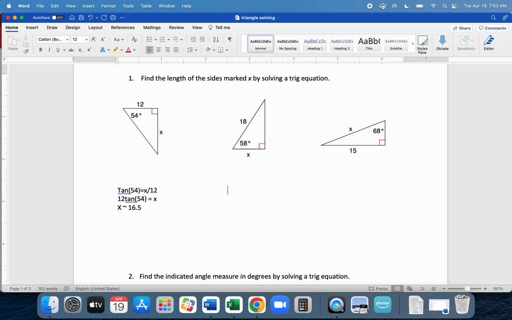But that means we've got, actually, to find the equivalent of the x coordinate of a point on the radius of a circle of radius 18, when we're at an angle of 58 degrees. Or we're trying to find the adjacent side to this angle when we know the hypotenuse of the triangle. So this should be a cosine function that'll relate those three pieces without having to find anything else.